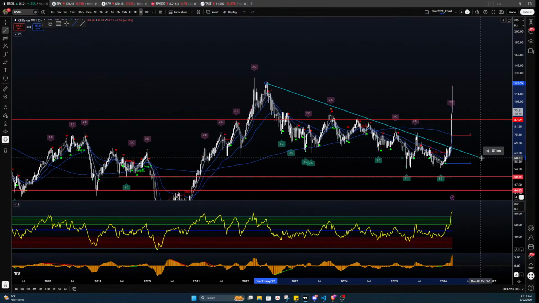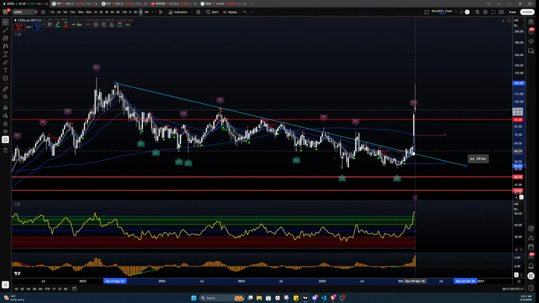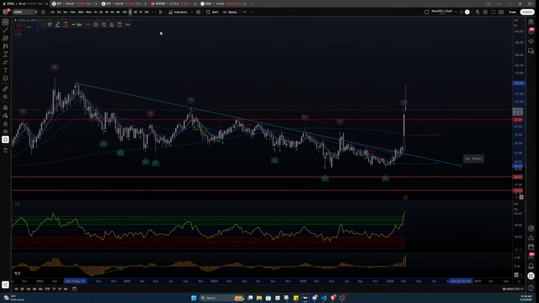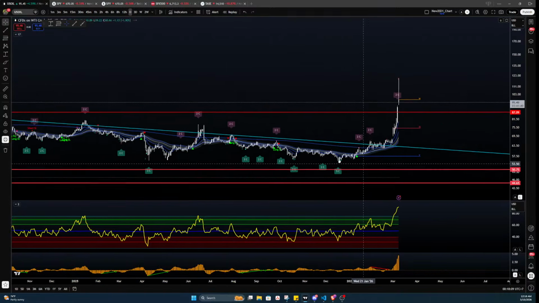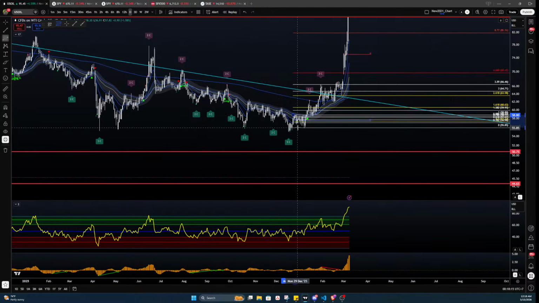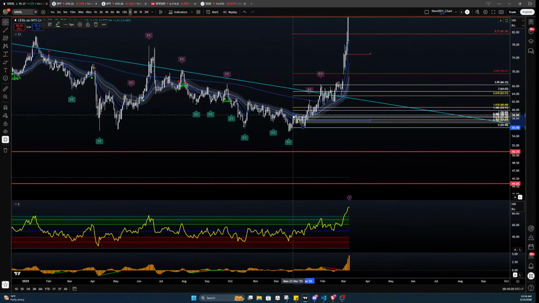So that was broken. You see that breakout right here? You had a chance to get in. This was like 2 weeks to get in. And then you had this consolidation down here, right? Look at that W. So where does that point us to?